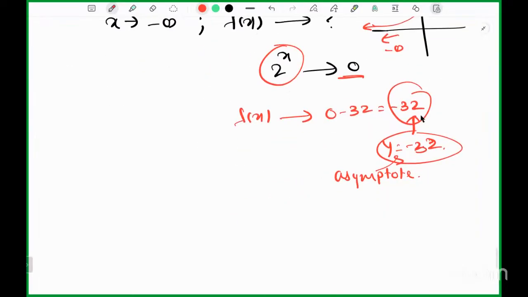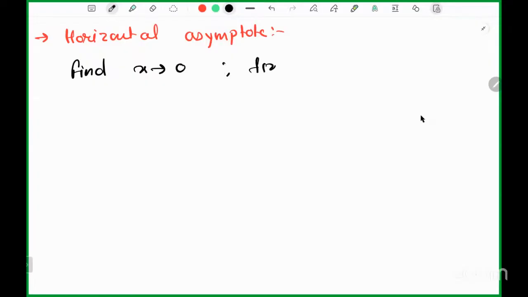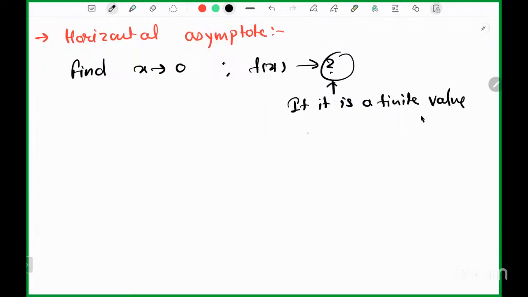Right? So I'll just make the remark. For horizontal asymptote, we need to work with x. You have to find, as x goes to infinity, where does f of x go? If it is a finite value, then that line is an asymptote.